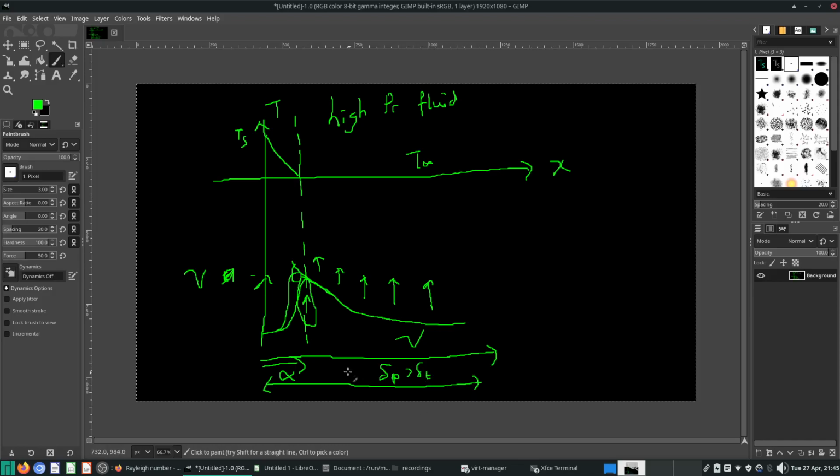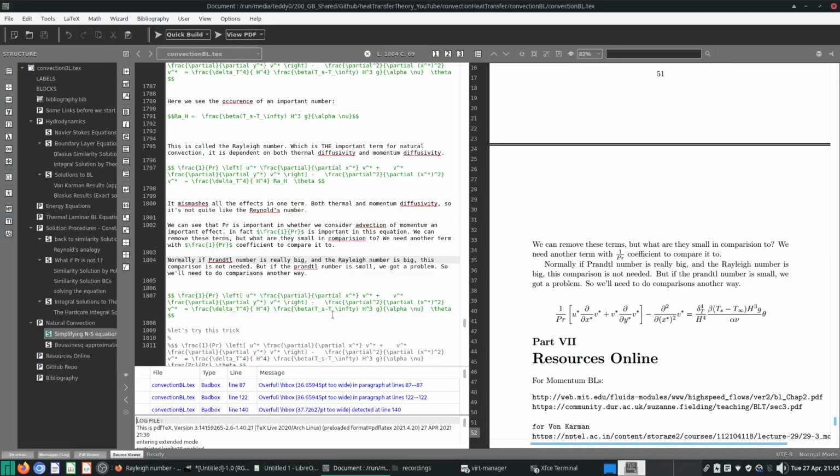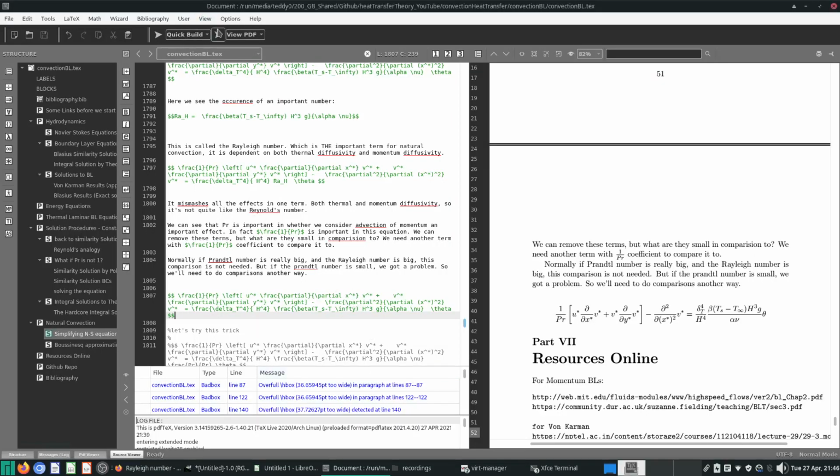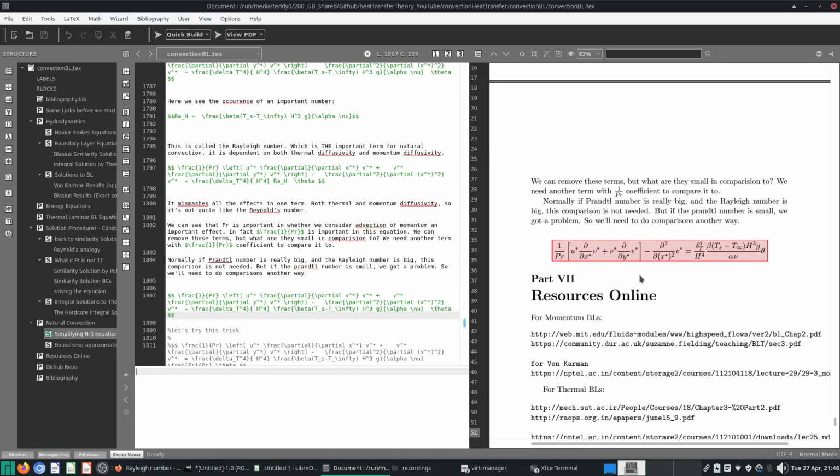So actually you can see that delta T over delta P is some function of the Prandtl number. This is very important. The higher the Prandtl number, the larger the momentum boundary layer thickness in comparison to the thermal boundary layer thickness.